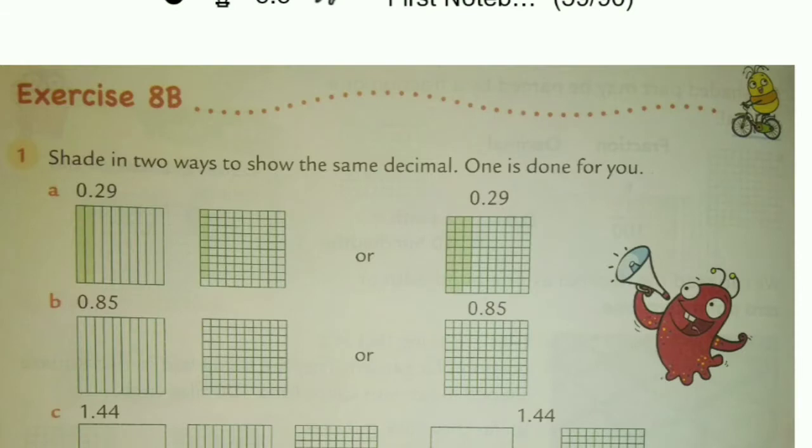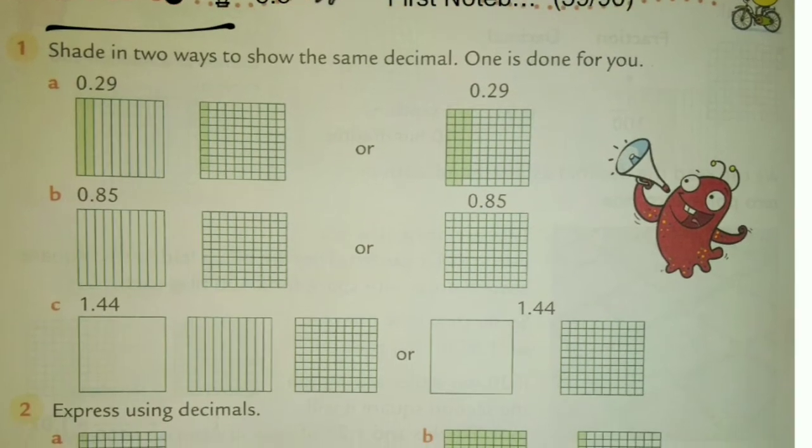Next, exercise 8b. Question number 1. Shade in two ways to show the same decimal. One is done for you. See the first one, 0.29. 29 means this 2 is the 10th part and 9 is the 100th part.